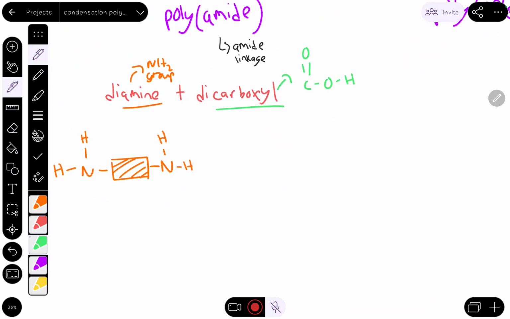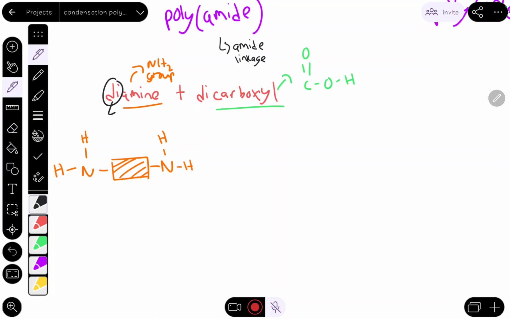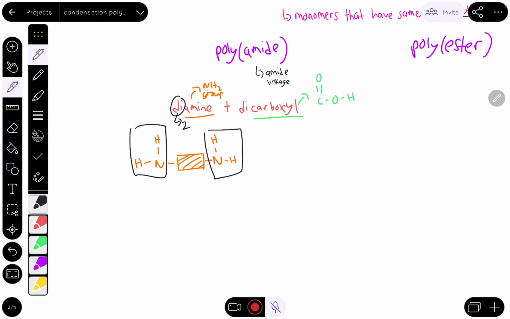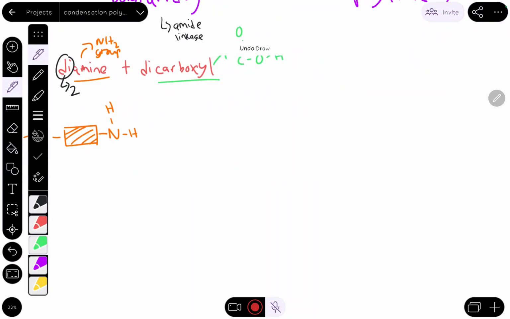What does di mean? Mono, di, tri. Di is 2. Do you notice that there are 2 amine groups, NH2? This is just the structural formula. Ultimately, it means NH2. So dicarboxyl means there are 2 carboxyl groups. Plus sign, dicarboxyl.